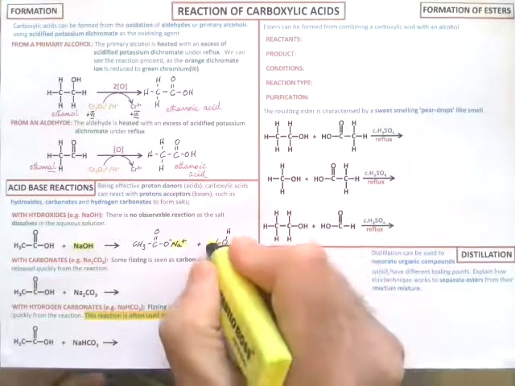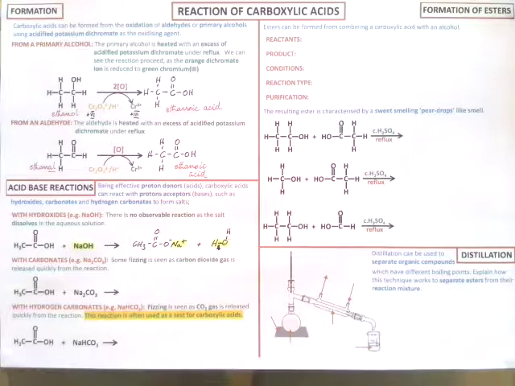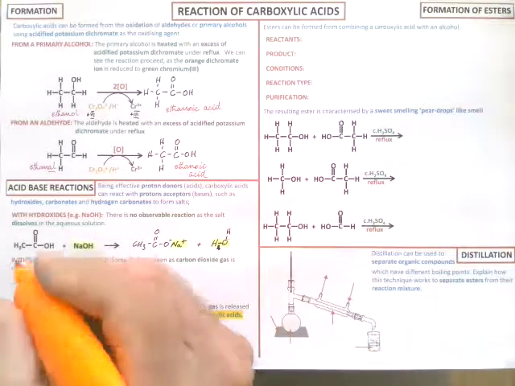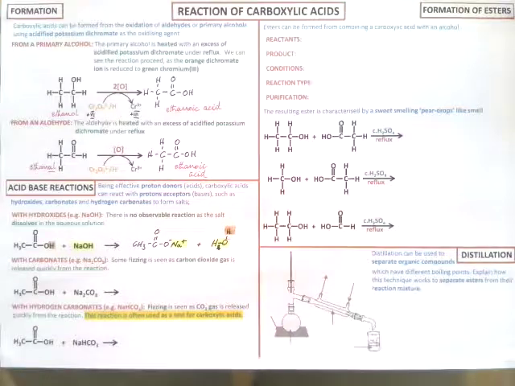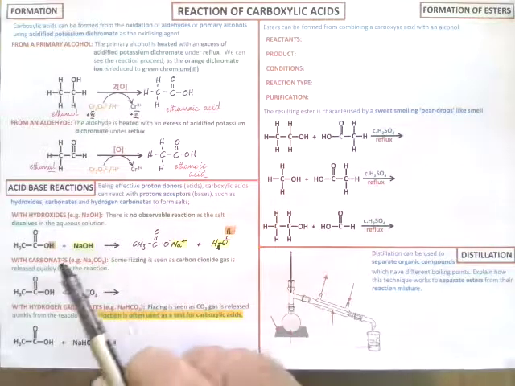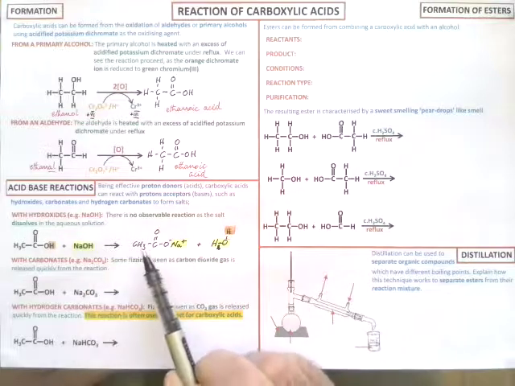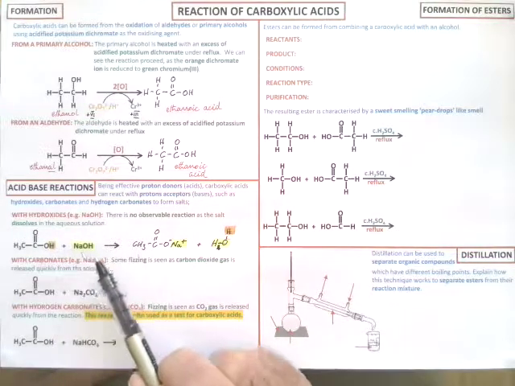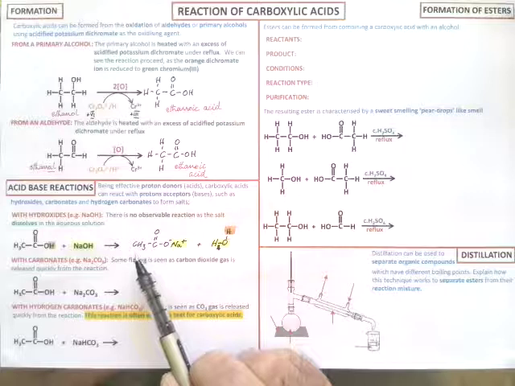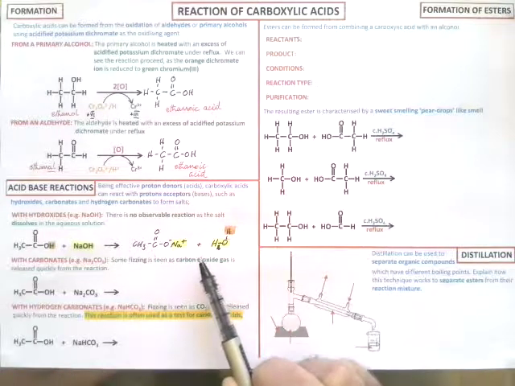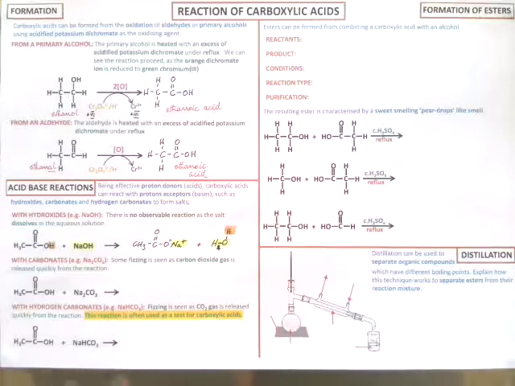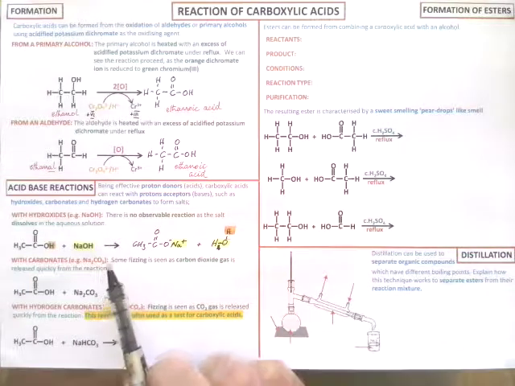Then the OH part of that water would be there, whereas the H part of the water has come from the acid. So no observable reaction. You don't really see very much going on. You might see a rising in temperature ever so slightly, but these are all soluble. Sodium ethanoate would dissolve in the water, and we wouldn't see anything particularly exciting in that reaction.